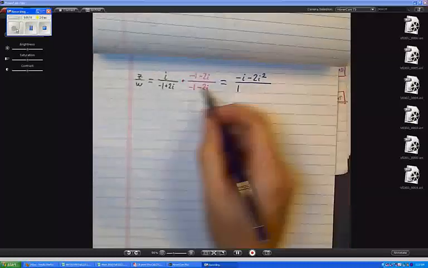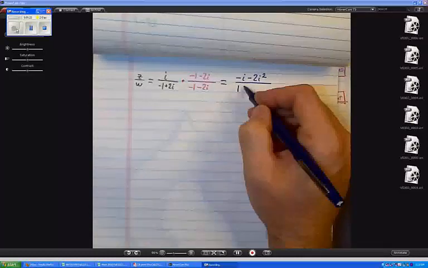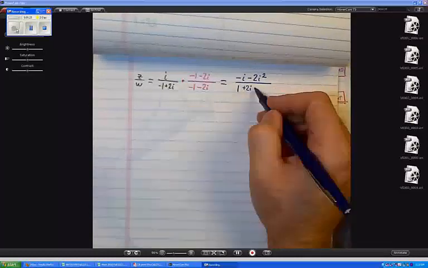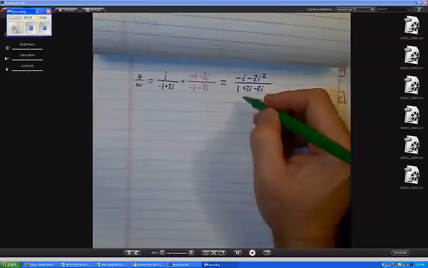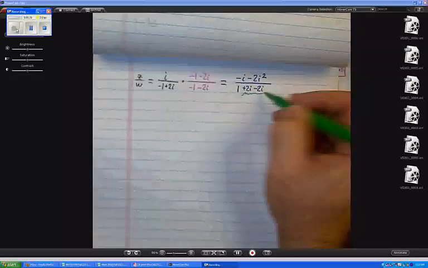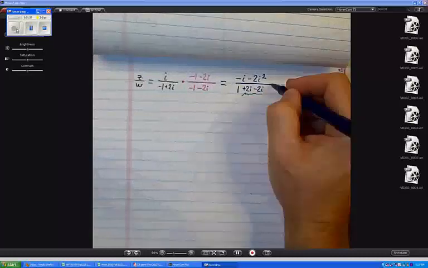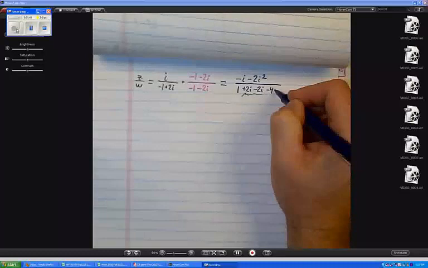Negative 1 times negative 2i is plus 2i, but then I get minus 2i. Eventually, I'll forget about the outer and inner terms when I do a conjugate, because I know these are going to drop out. The only thing I have to worry about now is what happens at the end. So what do I write down at the end? Minus 4i squared. Very good.